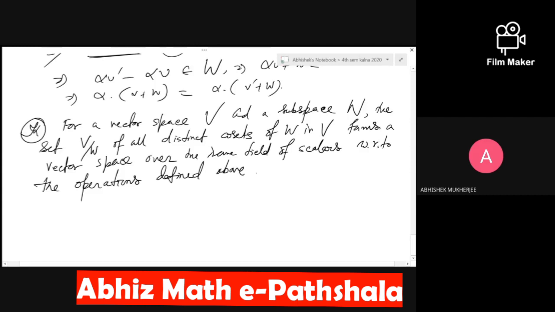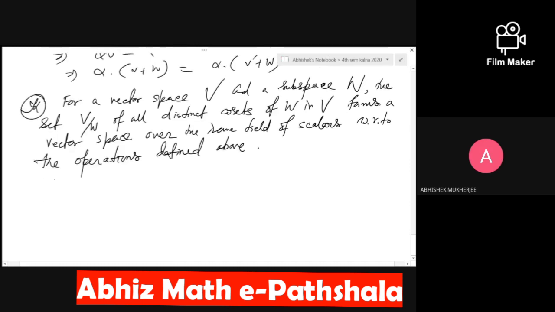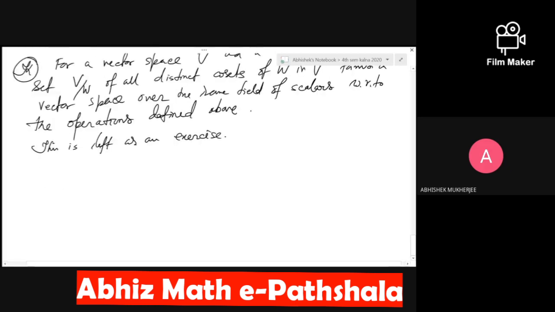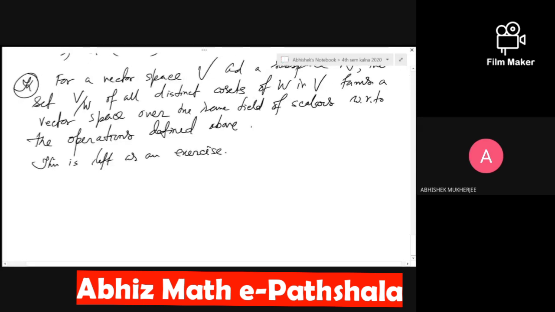This is left as an exercise to check that this is a vector space. You need to check all the axioms of a vector space. This is not hard to show, a very easy one.